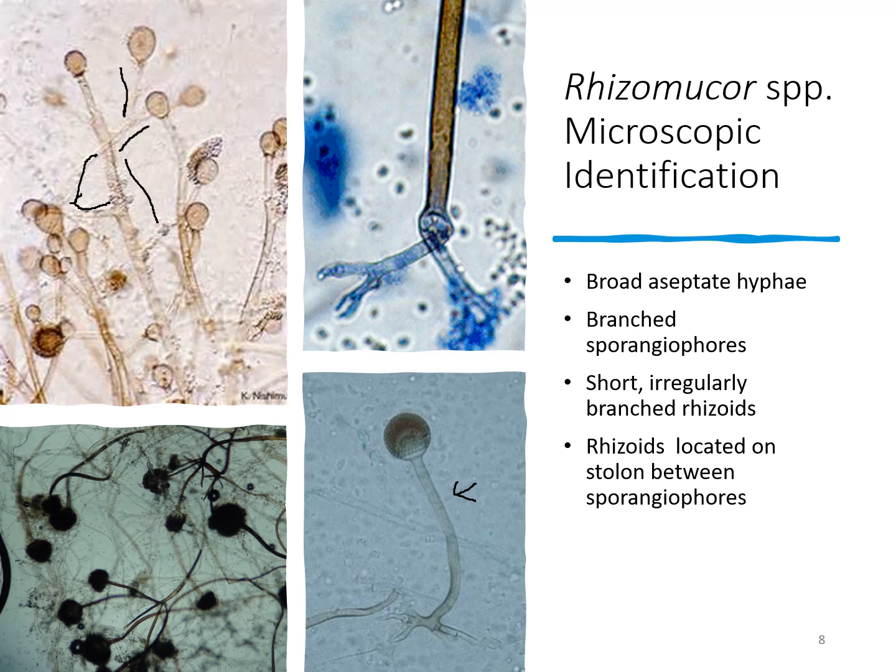The rhizoids are sort of offset from the sporangiophores, so you can see this root here is not directly under where the sporangiophore rises, so it's offset to the side a little bit. Sometimes you'll see them in between other sporangiophores that would come up.